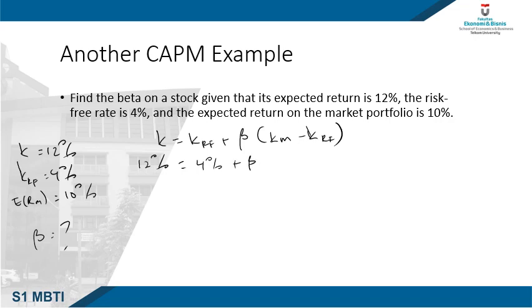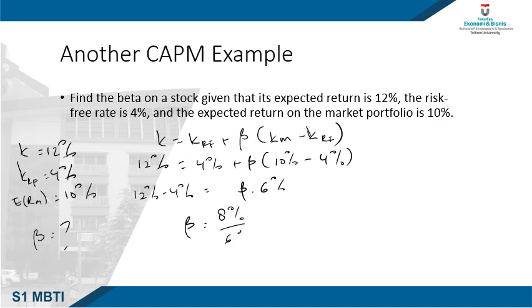I just leave beta as beta. Km is 10%, then here is 4%. So 12% minus 4% is equal to beta times 10 minus 4, which is 6%. So beta will be 8% divided by 6%, which is 1.333.